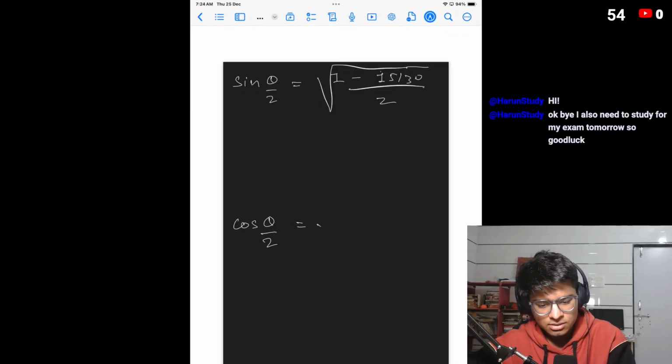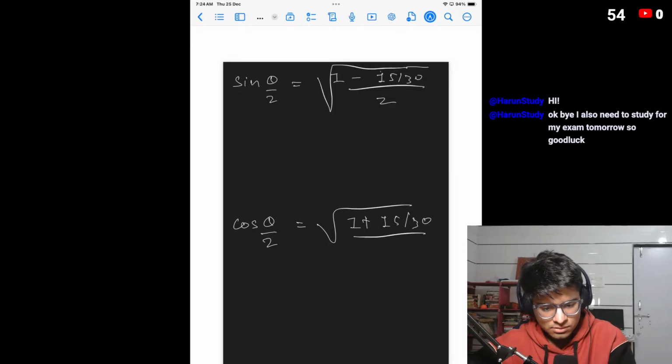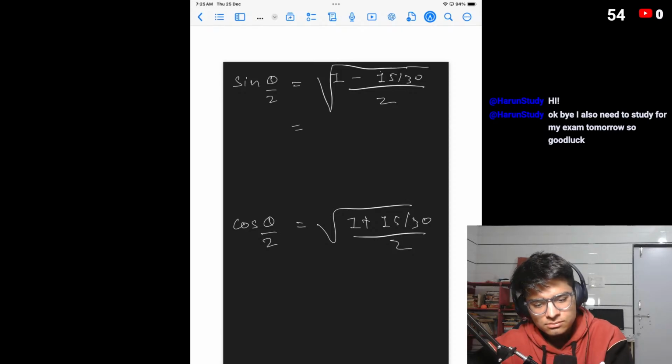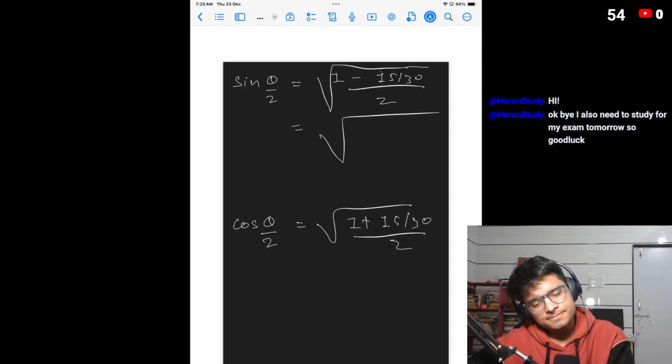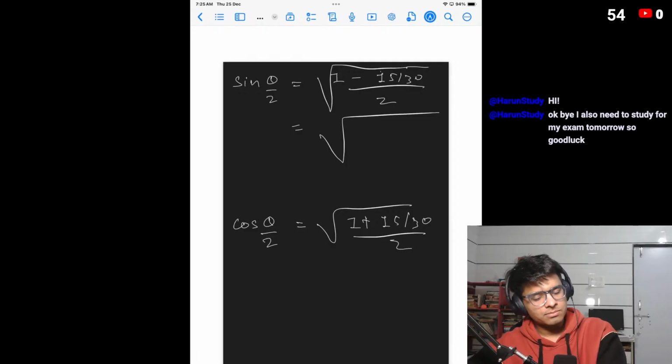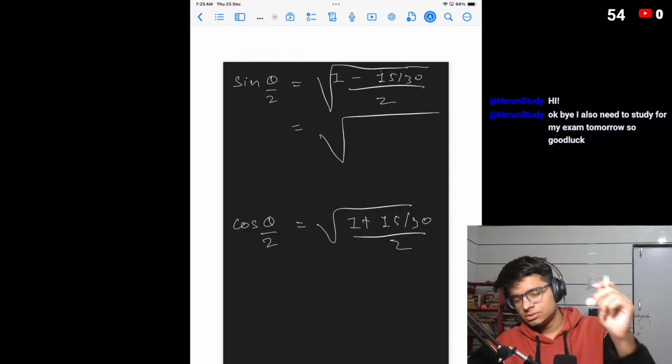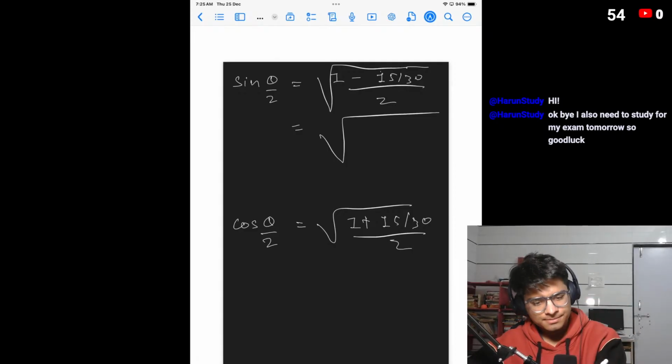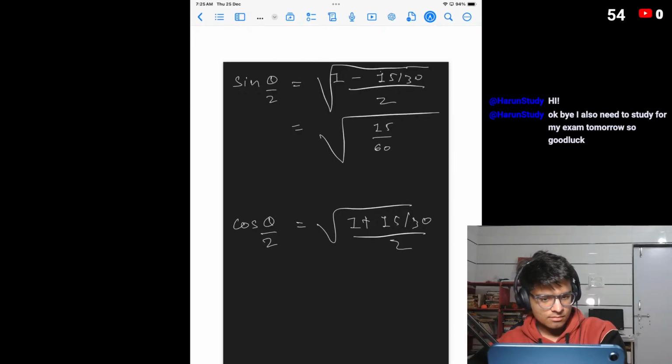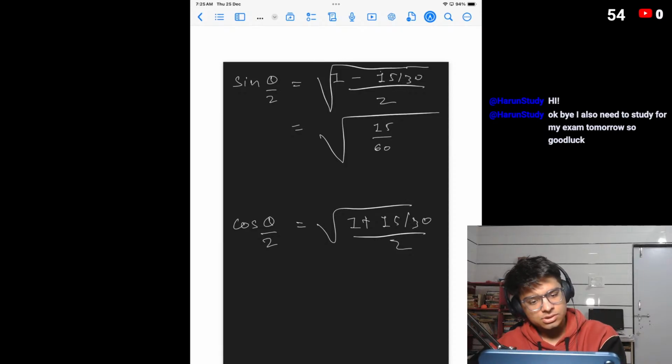Then can we get the answer 1 plus? Under root 15 upon under root 60.